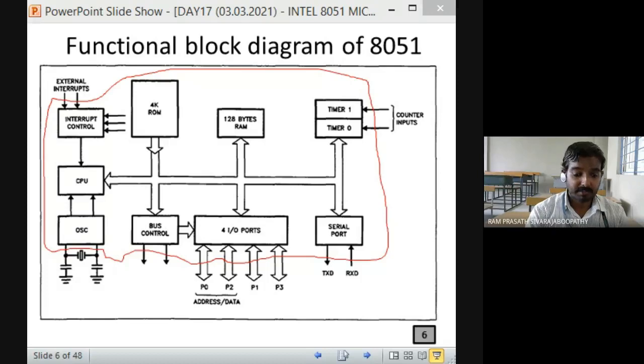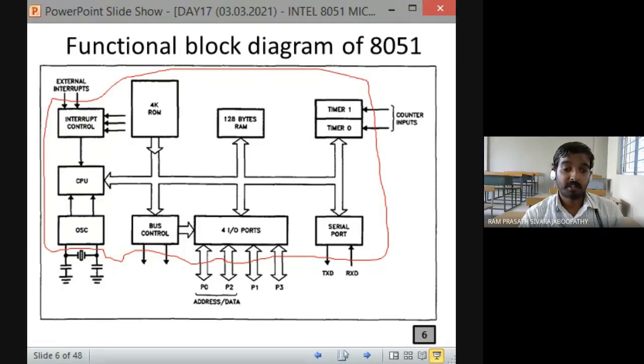Port 0 pins. So port 0 is an 8-bit port. You can have the pins like this: P0.7, P0.6; P0.7 is the MSB. So up to P0.7 you can have 8 pins. Similarly, for port 1, you will have P1.7 to P1.0.